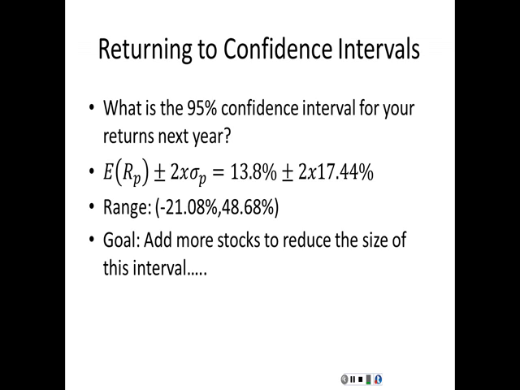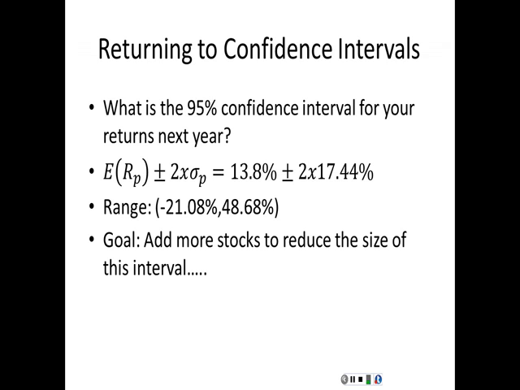Let's bring this back to confidence intervals. If you remember the last lecture, we talked about a 95% confidence interval using the normal distribution, was just the average plus or minus 2 standard deviations. If we work this back to portfolios, the average would be the portfolio return, and we'd say plus or minus 2 standard deviations. So let's plug in our 2 stock portfolio results we got a minute ago.